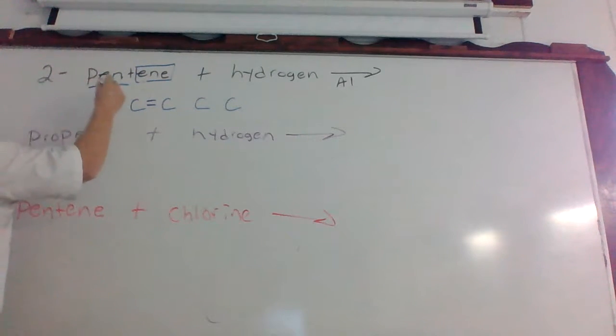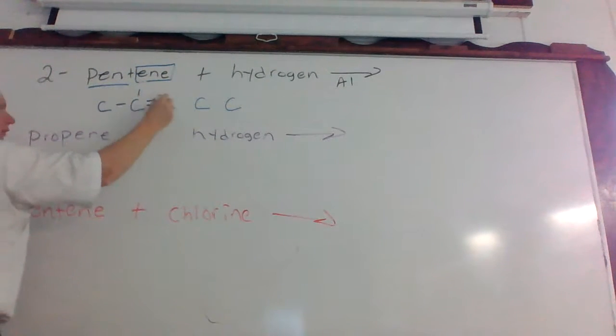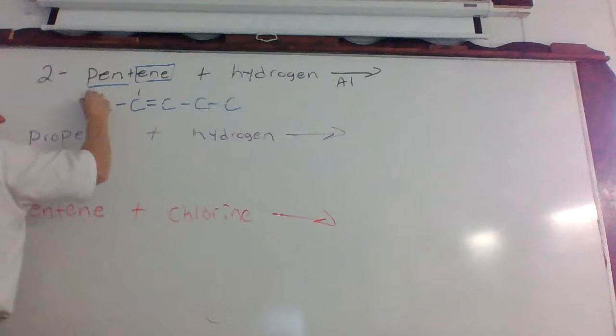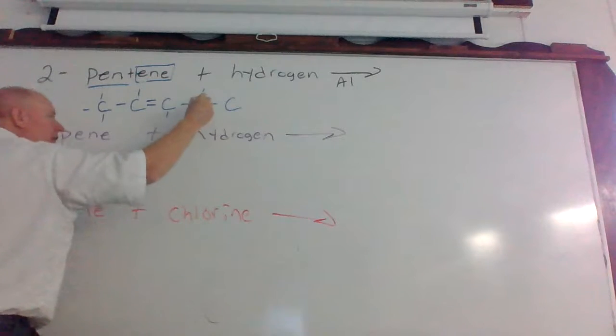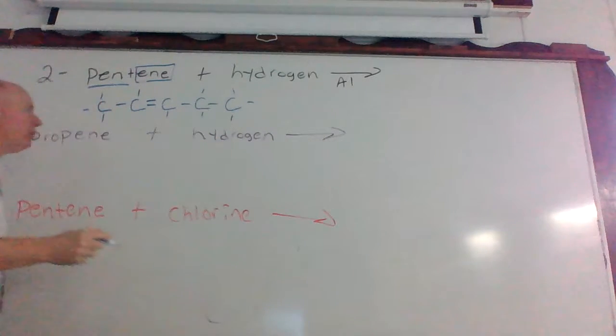Then we'll go ahead and put our hydrogens in here. Now, if you are not paying attention, you can put them in too fast and put too many bonds on those carbons. Remember, it can only have 4. So now we've got our 2-pentene. Okay.